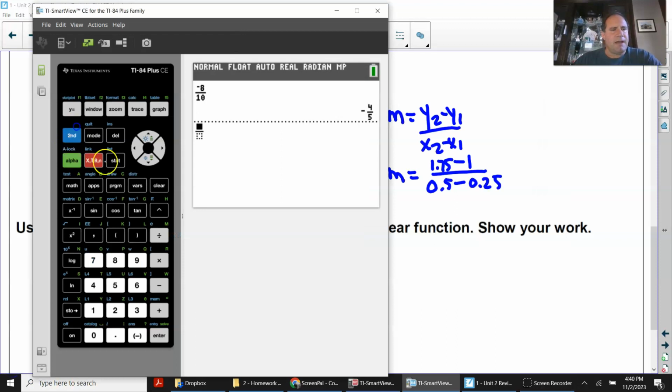I'm going to press alpha X to get to my fraction. And I'm going to put 1.75 minus 1 in the numerator. The denominator, I get 0.5 minus 0.25. I press enter. It gives me 3.